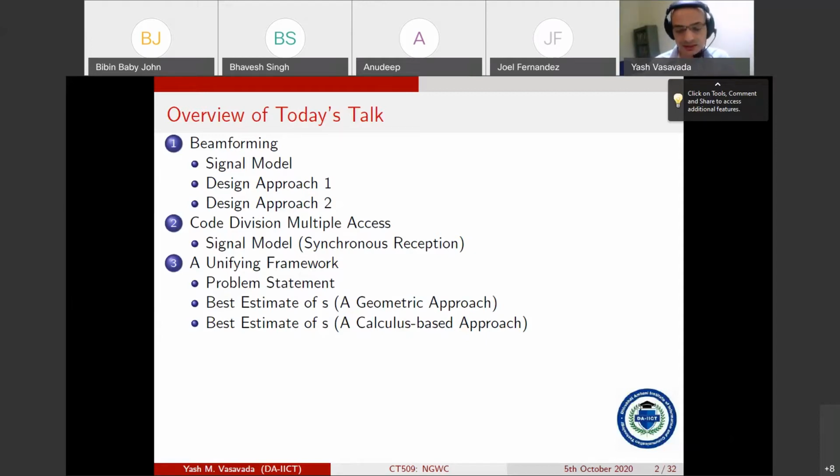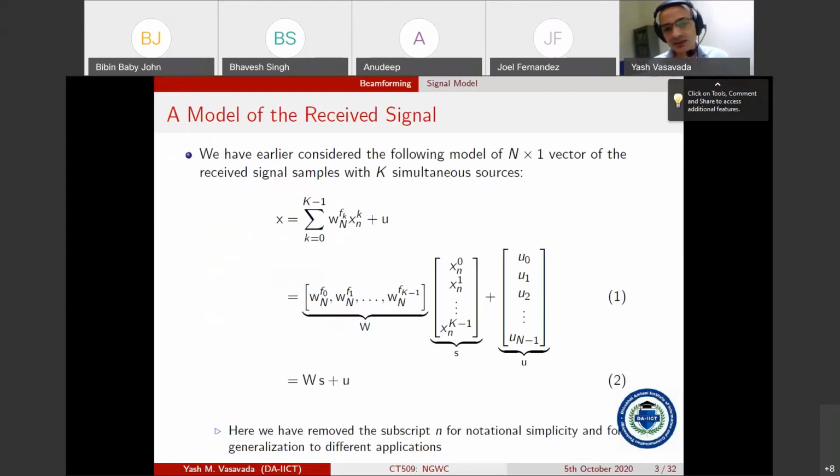Okay, so with that in mind, let us look at the same exact signal model that we have been looking at in the previous lectures, where there is some symbol vector, S vector, that we have said is getting transmitted by some total of K different sources, K different transmitters, and each of these transmitted symbols is being received with a particular either a temporal signature vector or a directional signature vector.